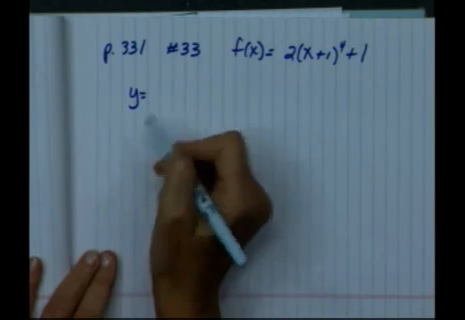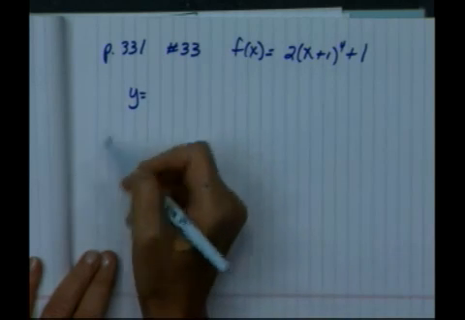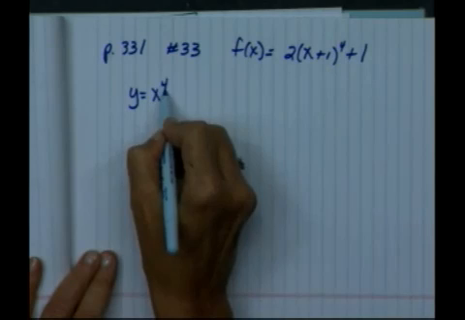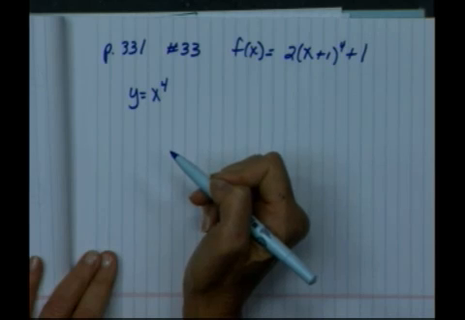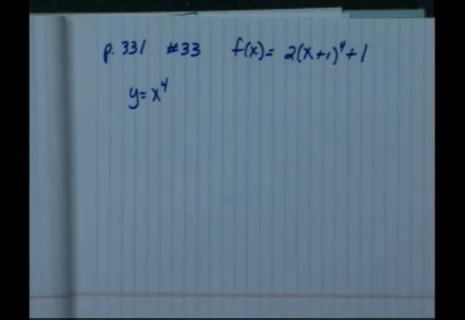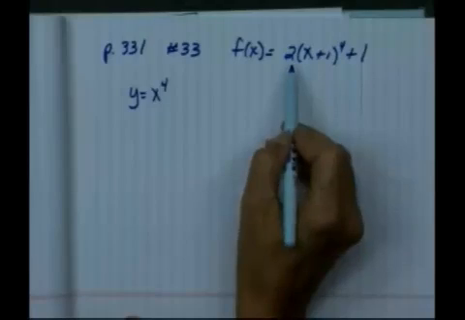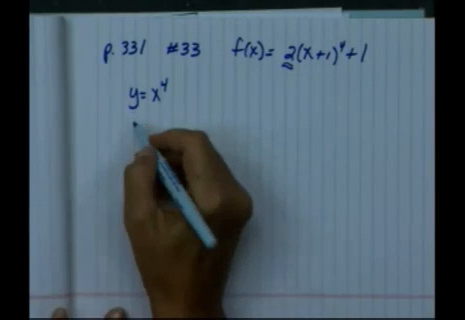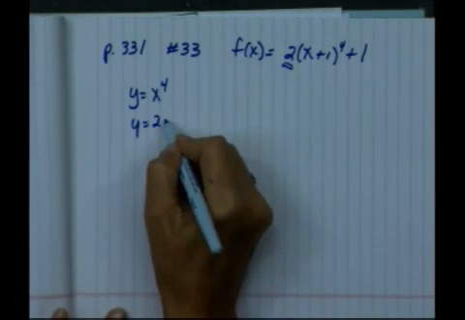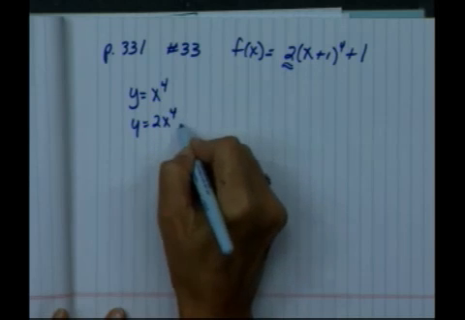We're going to do transformations and analyze this thing. x to the 4th. And what does the graph y equals x to the 4th look like? Almost looks like the parabola, doesn't it? All right. Then what is this 2 going to do for you? Stretch it. A vertical stretch.